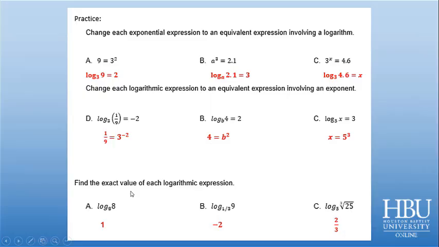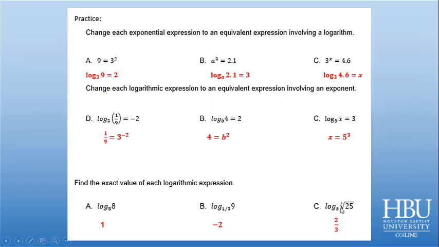You can use the properties of logarithms to understand how to evaluate certain logarithmic expressions without a calculator. For example, the logarithm of 8 to base 8 is 1 because 8 to the first power equals 8. The logarithm of 9 to base 1/3 is -2 because 1/3 raised to the -2 power would be the same thing as 3 to the +2 power, and 3 squared is 9.